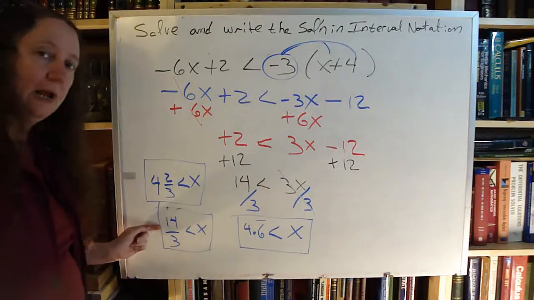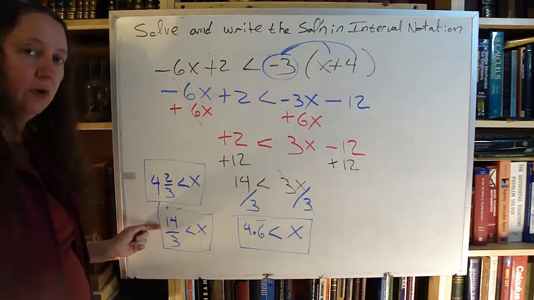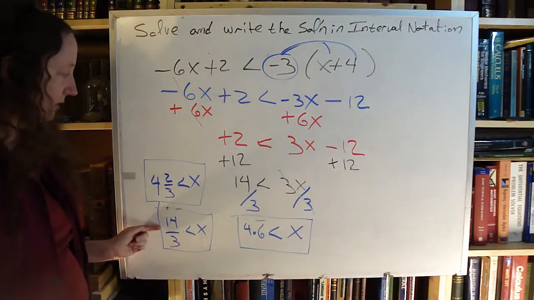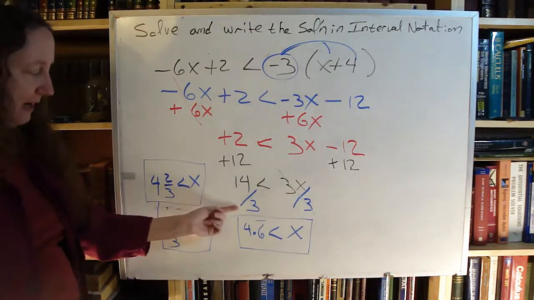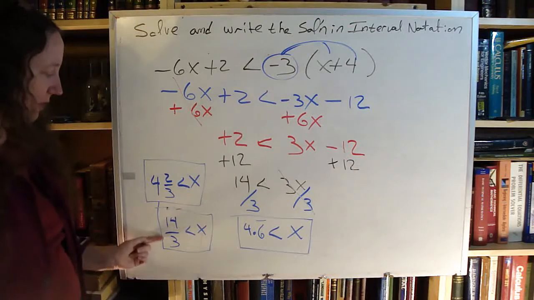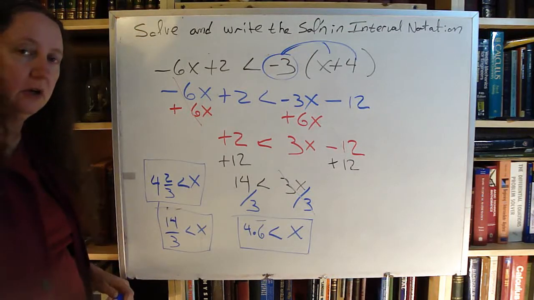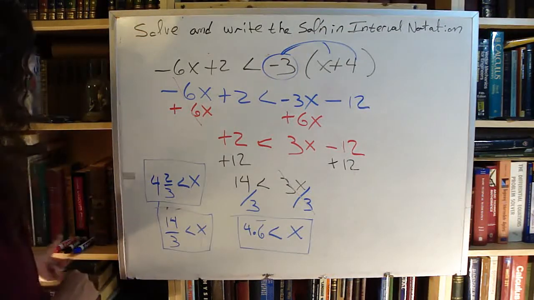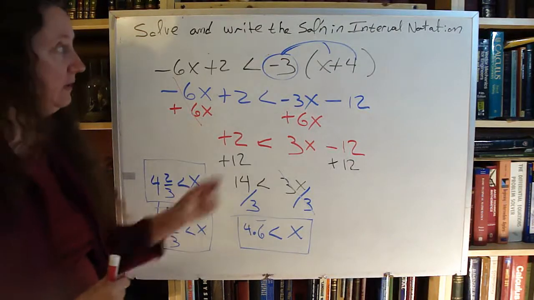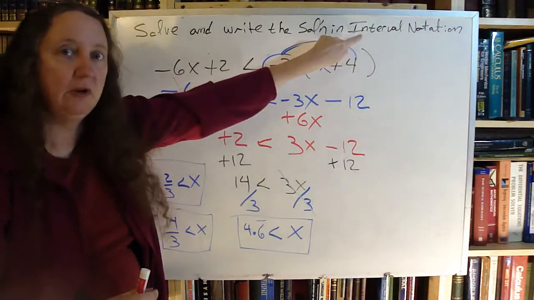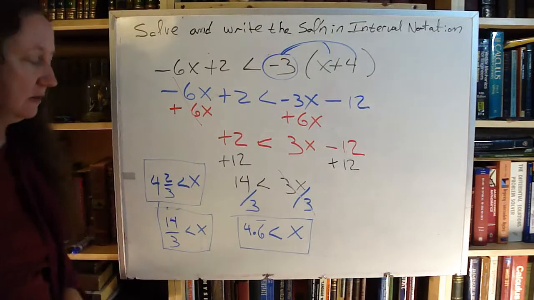Or are you told that an improper fraction is okay? In which case, just keep that 14/3 right there. That's done. Now, the problem itself isn't done because we still have to write this in interval notation.